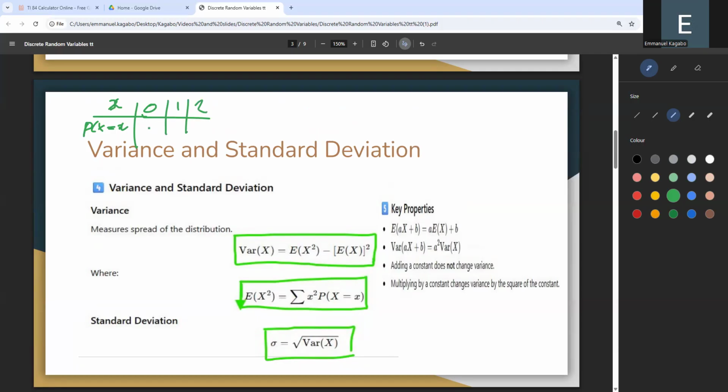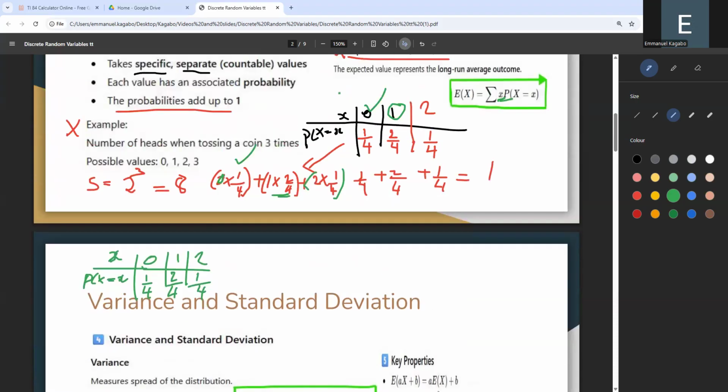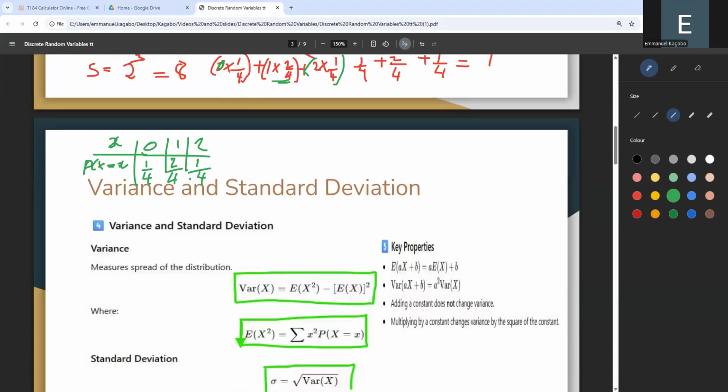What was the probability here? 1/4. What was the probability here? It was 2/4. I'm talking about this table, guys. This is the table I'm transferring onto the next page.